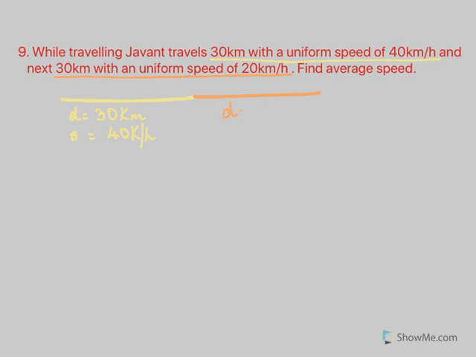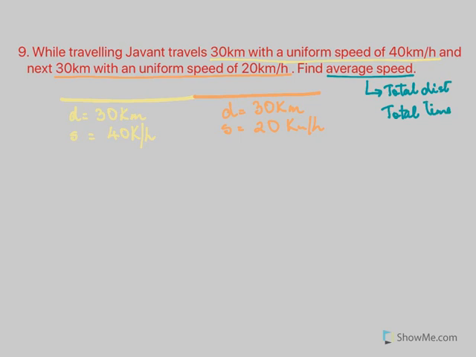For the second section, he covers again a distance of 30 kilometers, but now the speed slows down to 20 kilometer per hour. We need to find its average speed. Now to find the average speed, we need two things: we need total distance and we need total time.